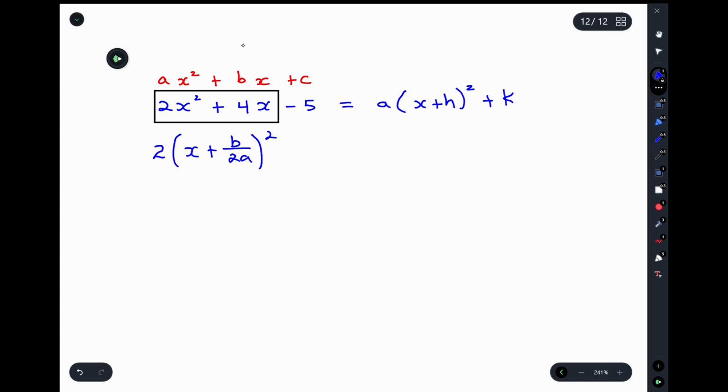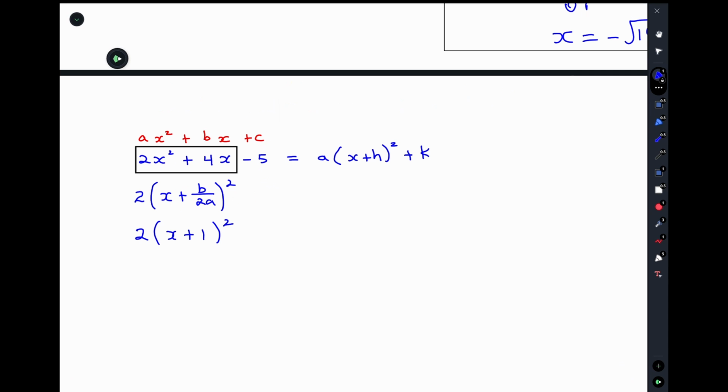This will work out to be 2 multiplied by x plus b is 4, 2a will also be 4, so that's 1 squared. As for the rest of the equation, it becomes minus 5 minus a multiplied by b divided by 2a squared.